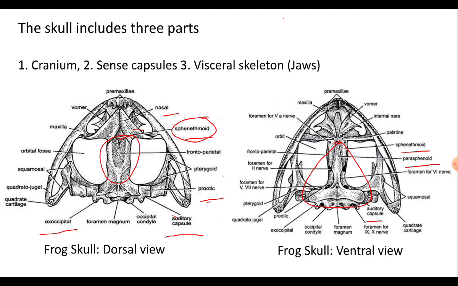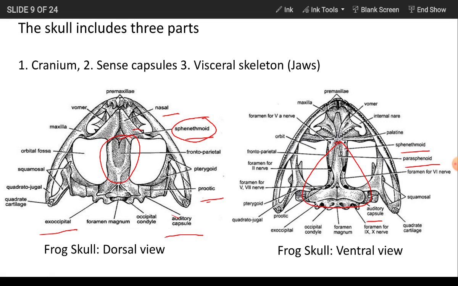In the skull diagram, you can make out the nasal bones, which are present at the anterior end of the skull. These are a pair of large, flat and triangular membranous bones which are present at the anterior dorsal region of the skull.